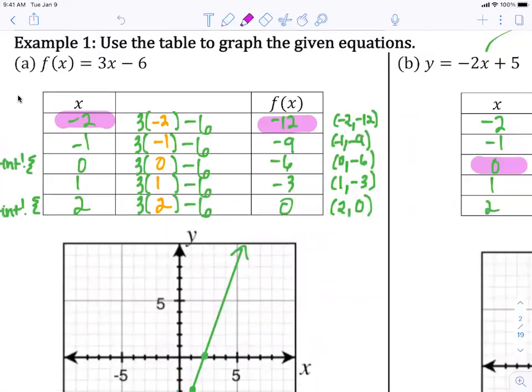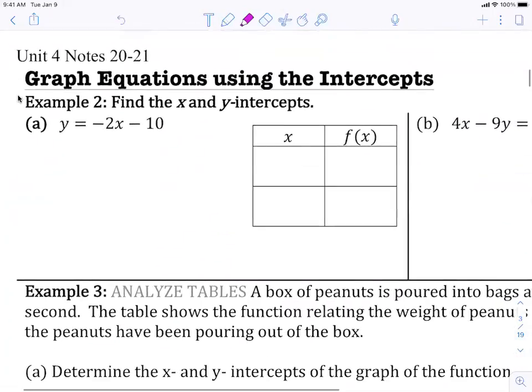But as soon as you graph a second point, you'll notice that you only need 2 points to graph a line. So some people use that idea of x and y intercepts. They say, okay, I don't need 5, 10, 15 points. If I just find my intercepts, then those are the only 2 points you need to graph the line, connect and draw your arrows. So that's exactly what we're gonna do.